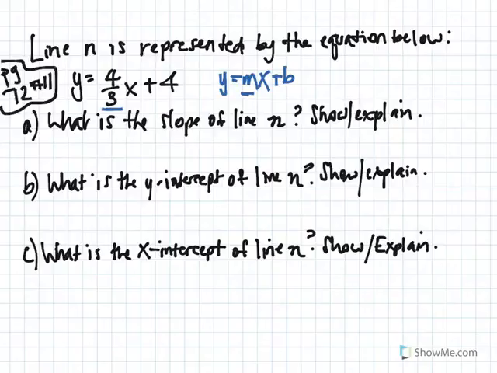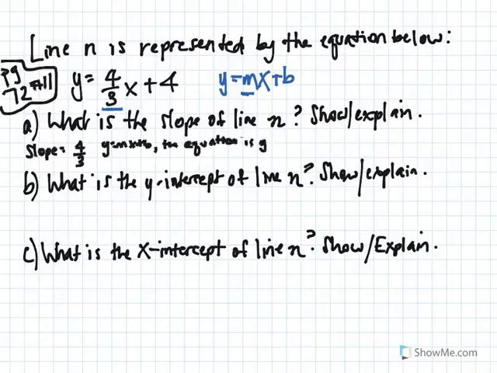In the equation y equals mx plus b, we know that m is the slope, so the slope of this line would have to be 4/3. So slope equals 4 over 3, because y equals mx plus b. The equation is given. I know that slope in the equation is m.